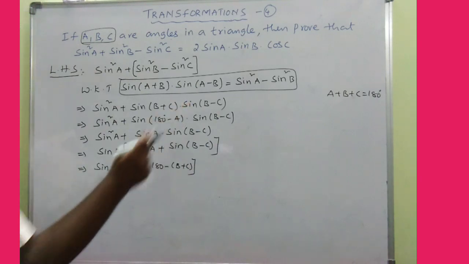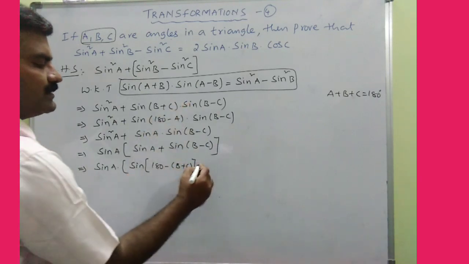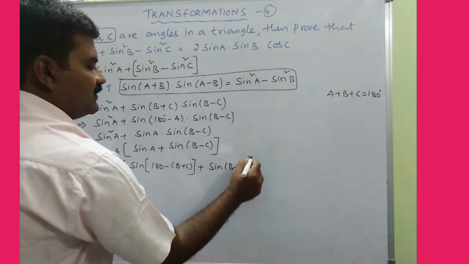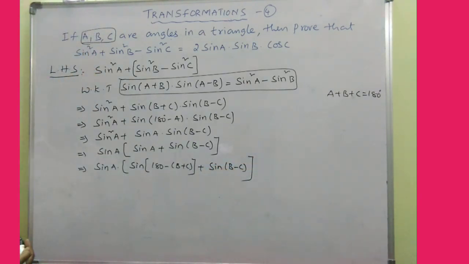Isn't it? A is equal to 180 minus of B plus C plus sine of B minus C, and entirely you can close it.